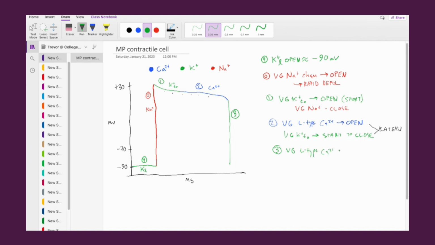Well, they're now closed. And because they close, the positive charge with those calcium ions stops entering the cell. Right? And if that stops, then we become more negative, especially when we have these now voltage-gated potassium channels. I just call these ordinary, the ones we're familiar with. They open.